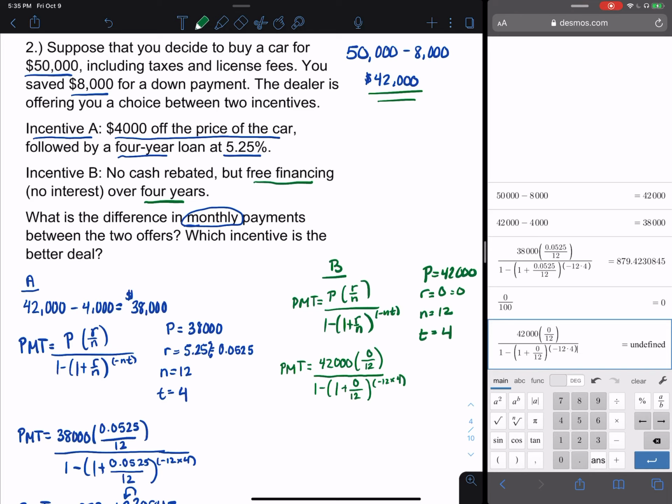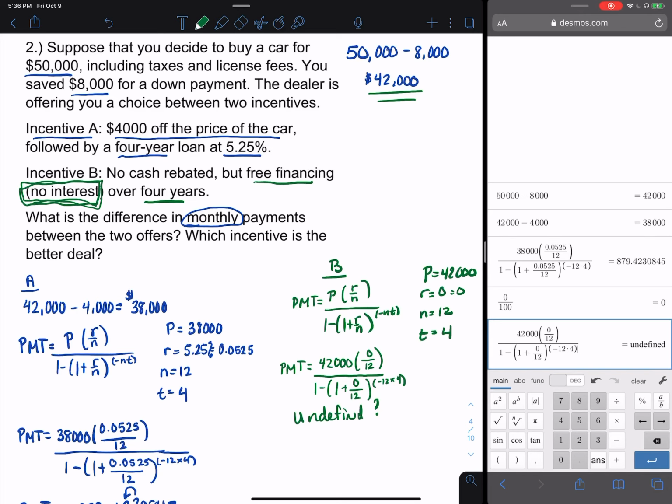Whoa, but notice we got undefined. We can't do it. So what that means is that we can't use this payment formula, and we can't use it because there's no interest. So this monthly payment formula only works if there is interest.